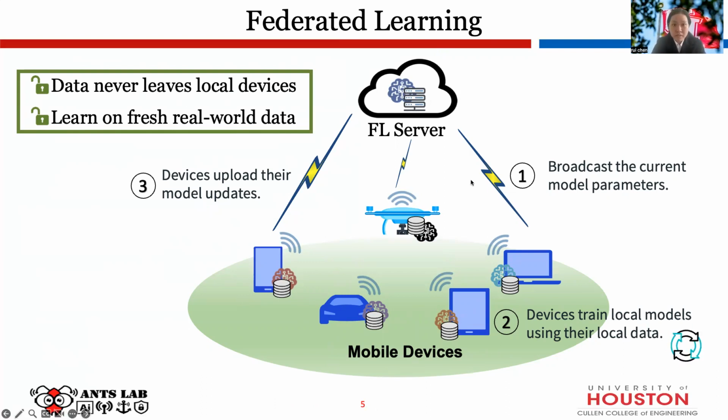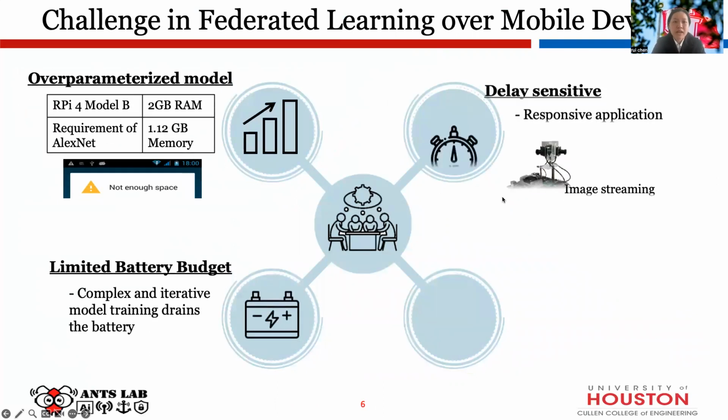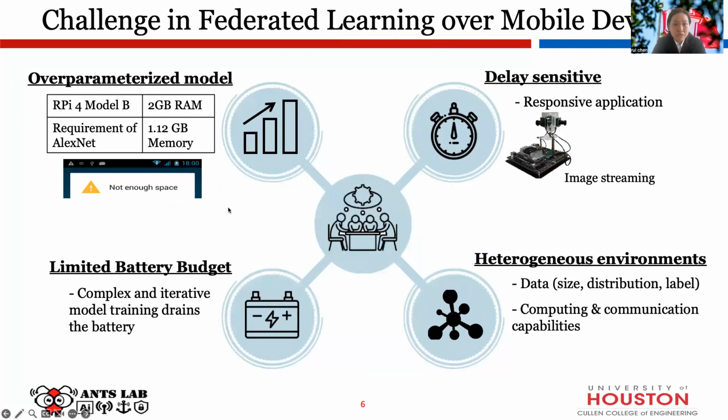Despite all these benefits brought by federated learning, it is still very challenging to implement federated learning over mobile devices in practice. Unlike traditional GPU clusters, mobile devices are usually resource constrained, so it is very difficult to directly implement large-scale models on a mobile device due to memory limitations. Also, local training and model updates over multiple iterations can be very time-consuming and power-hungry.